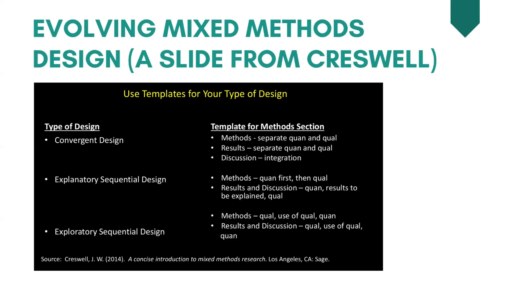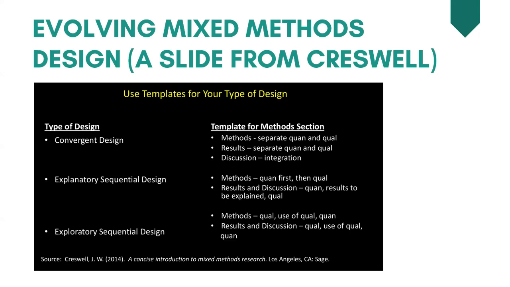The mistake that I think many post-grad researchers make is thinking that Cresswell's early design templates are fixed. They're good. Don't get me wrong. They're good and they're a great starting point, but they are not fixed.